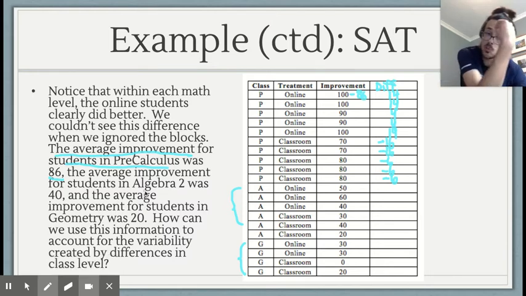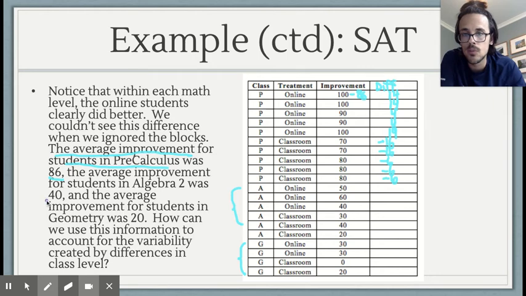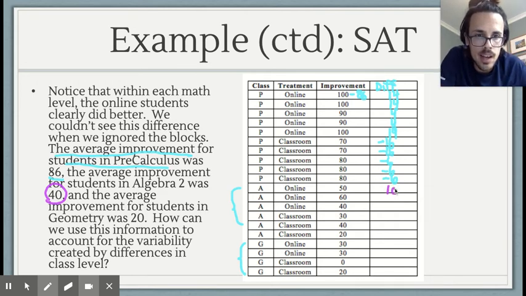I'm going to do the same thing with Algebra 2. By being in Algebra 2, your score improved by an average of 40 points across the board. So this is like your Algebra 2 bonus right here. If I subtract out that, I'm subtracting 40 each time right here. So I have 10, 20, negative 10, I have 0, I have negative 20.